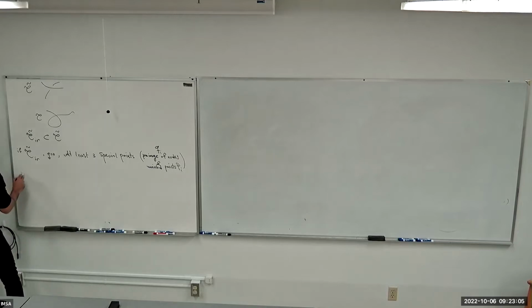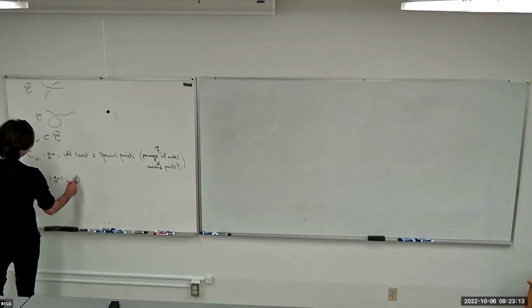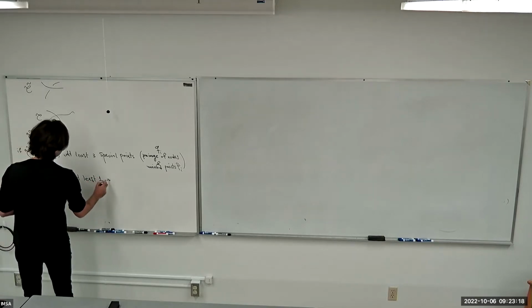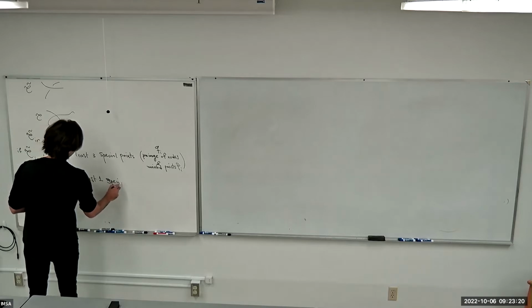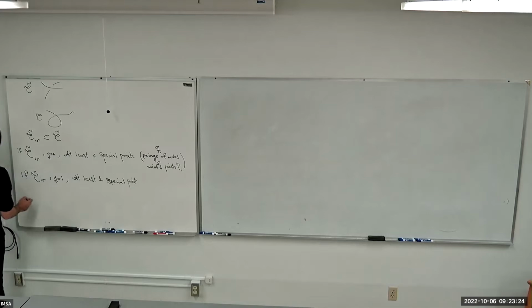If C is an irreducible component of the normalization and it has genus 1, we need to have at least 1 marked point, 1 special point.